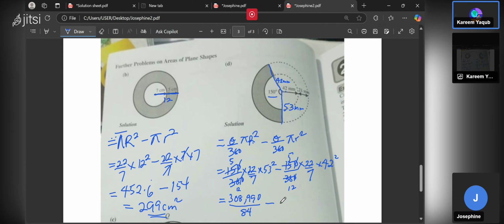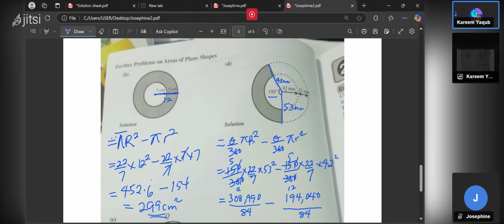Minus, this one too, 5 times 22 times 42 times 42. So that gives 194,040 divided by 84.